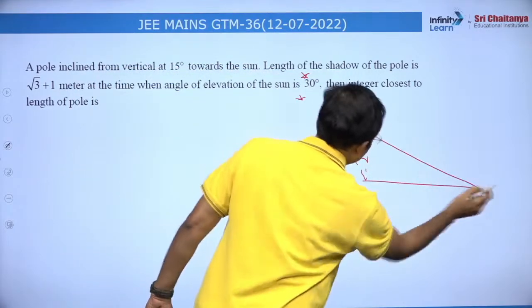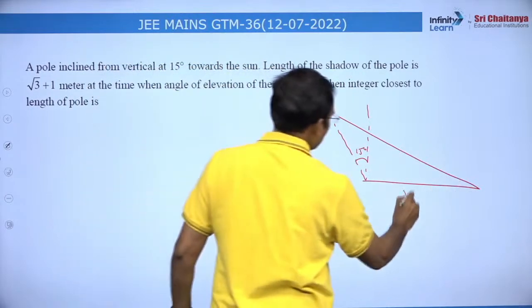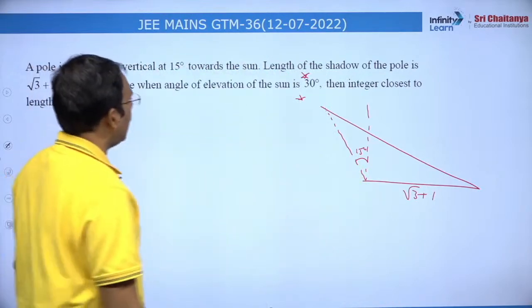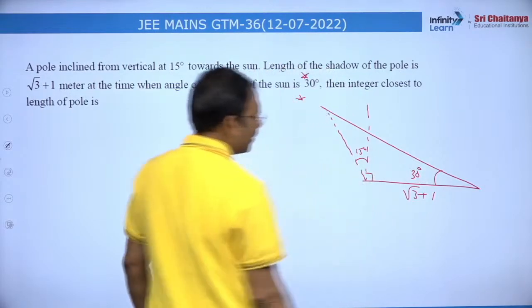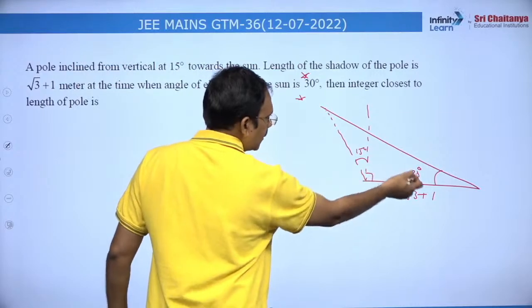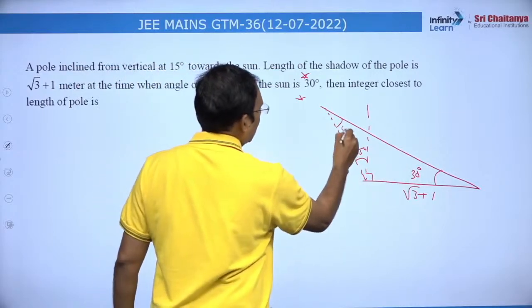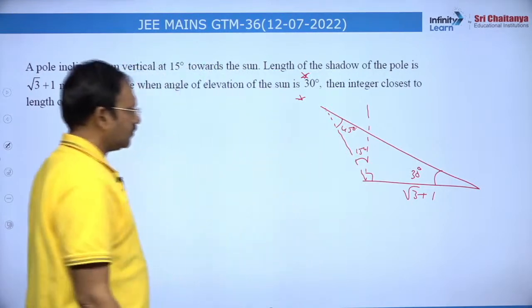So, this is going to be the shadow he has given, like root 3 plus 1 units. Okay. The angle of elevation of the sun is going to be 30 degrees. It is already 90, my dear friends, 90 here, already 30 plus 15. So, it must be 45 degrees, my dear friends. So, it is also going to be fine.